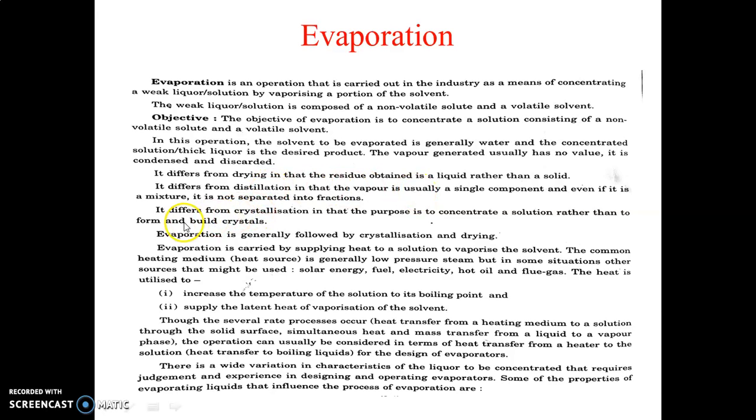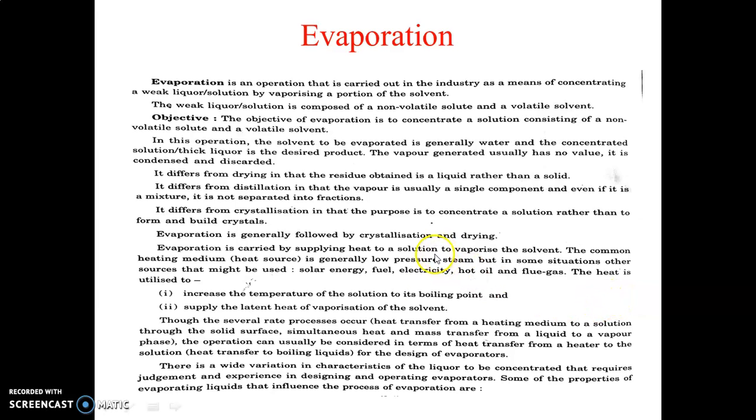Then it differs from crystallization. What is meant by crystallization? We again separate the solute and solvent by concentrating the solution, and finally we obtain crystals. But in evaporation, our final product is liquid rather than crystals or solid.